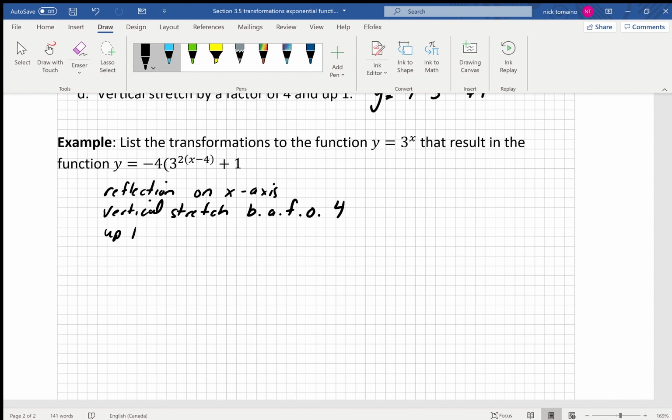Okay, those are the y's. I'll write the x over here. So we're going to have a horizontal compression by a factor of 1/2, and we are moving right 4. And that is it for today.